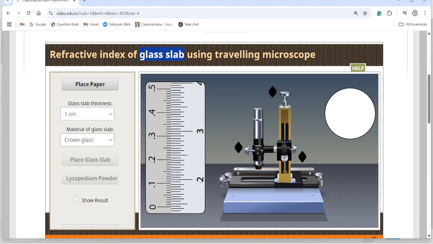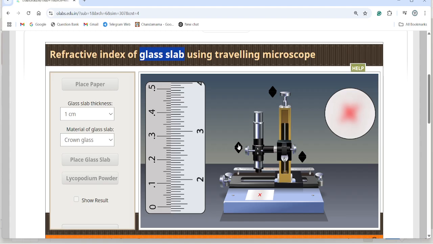Now I'm starting the practical. First, as I told you, you need to place the cross mark. See, the cross mark is being arranged. To focus this cross mark, as the first step, you need to move this screw alone. You should not touch this other screw. Move the screw up and down in such a way. See, I'm just moving the screw.